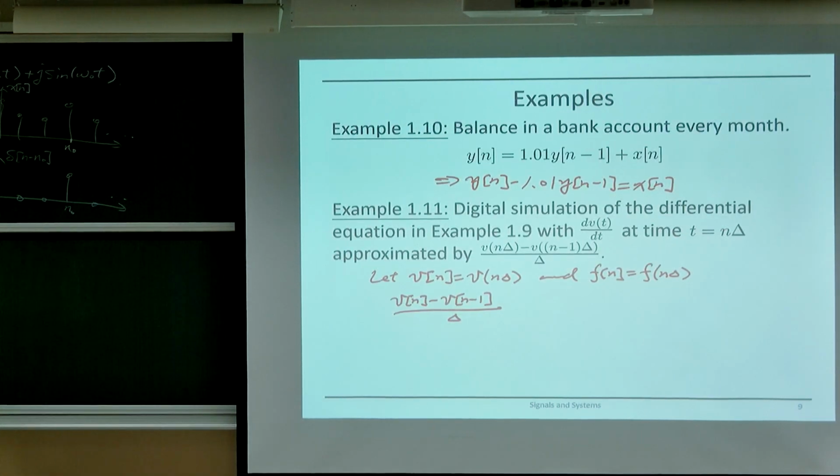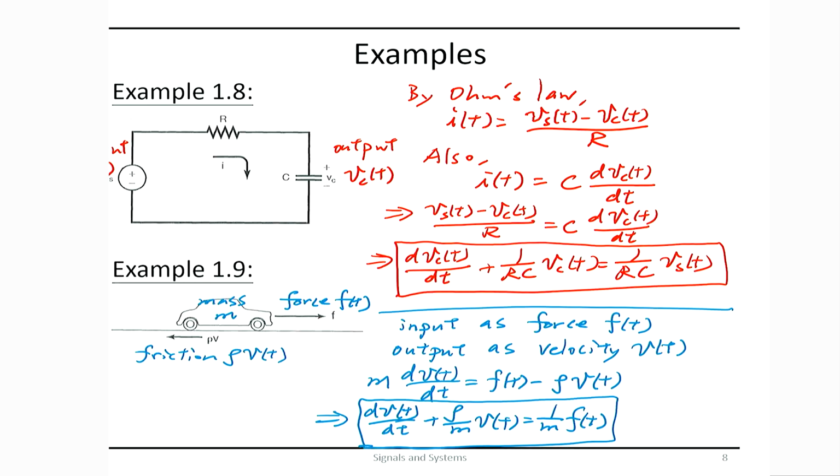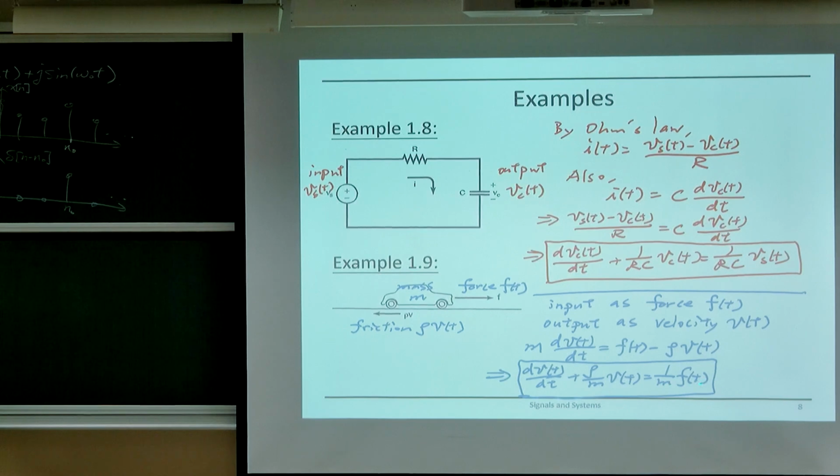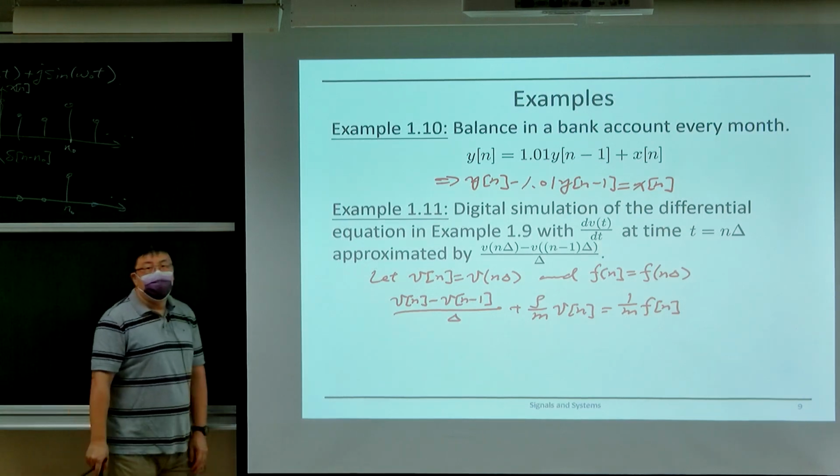So we have plus rho over m, v n. And then on the right-hand side, we have 1 over m, f of t sampled again at n delta. So I get 1 over m, F n.